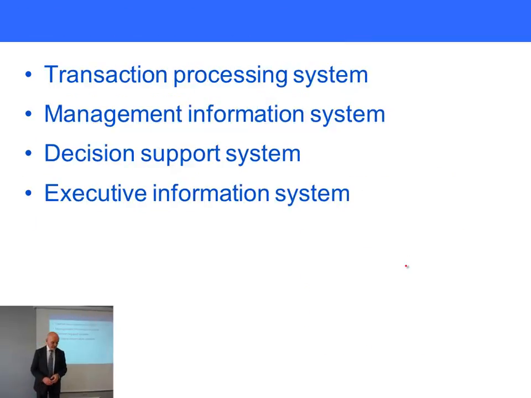The types of processing systems that we have. First of all, transaction processing systems. Transaction processing systems do what they say. They process transactions. So you make a sale, it has to be recorded. You make a purchase, it has to be recorded.